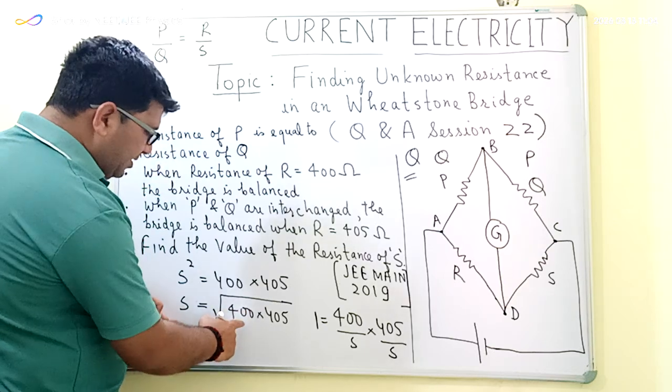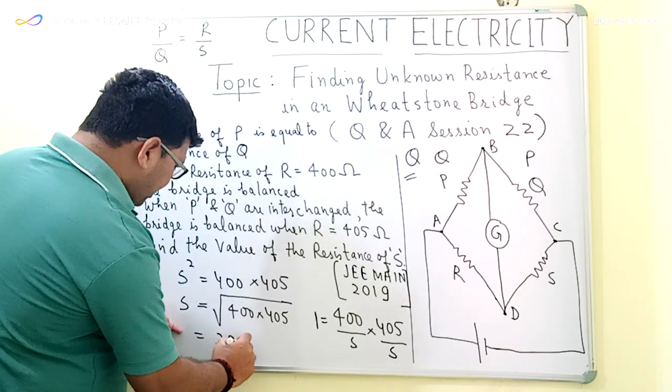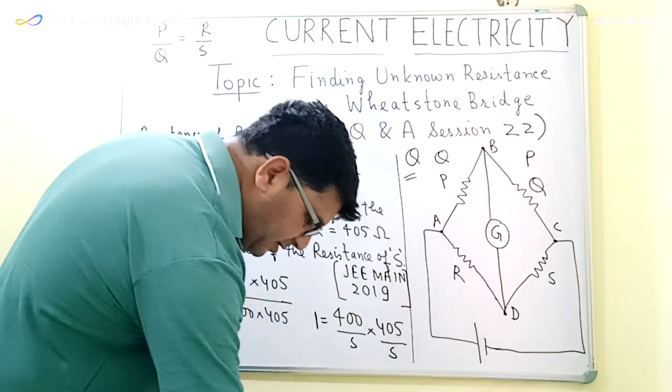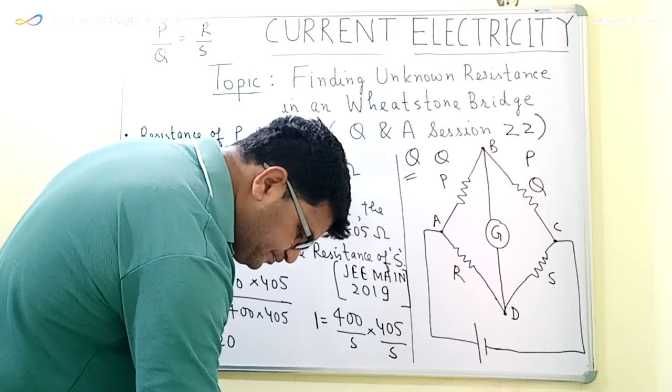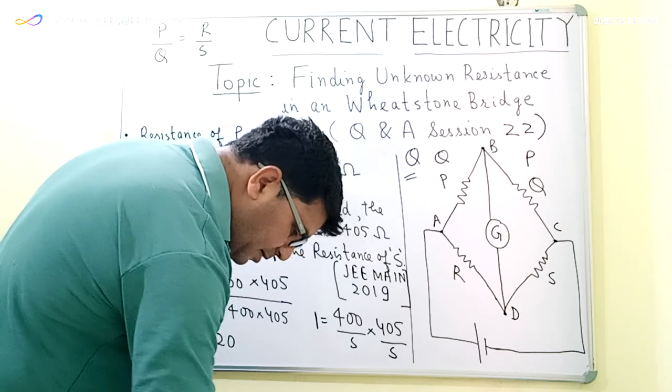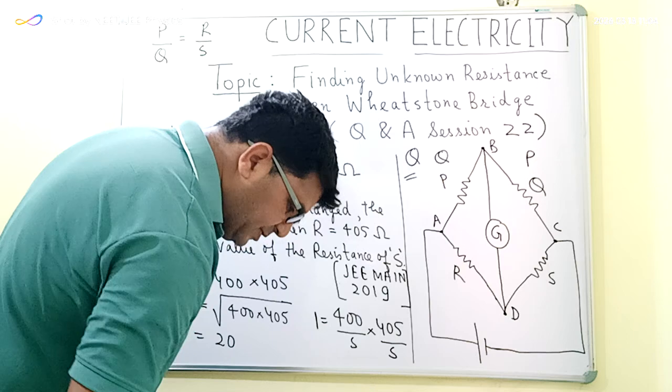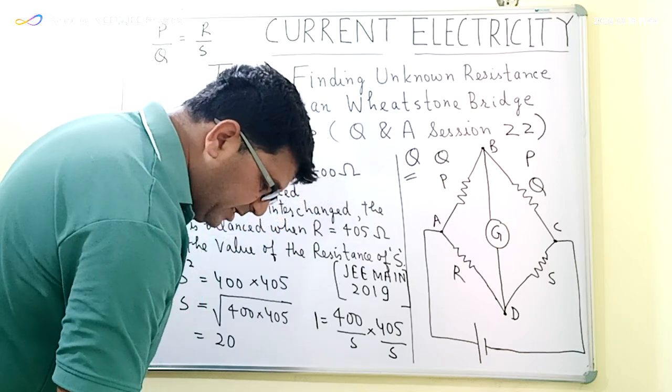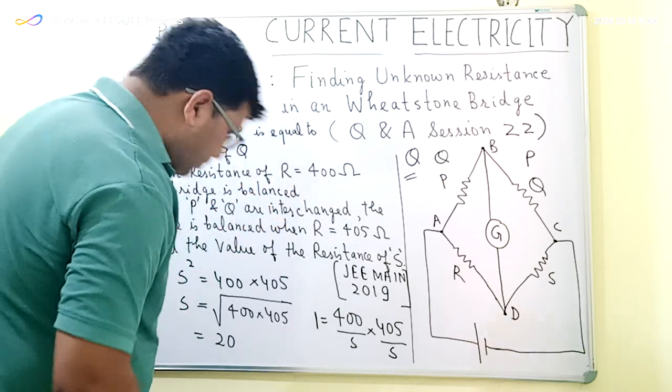Now the square root of 400 is equal to 20, and the square root of 405 is approximately equal to 20.125.